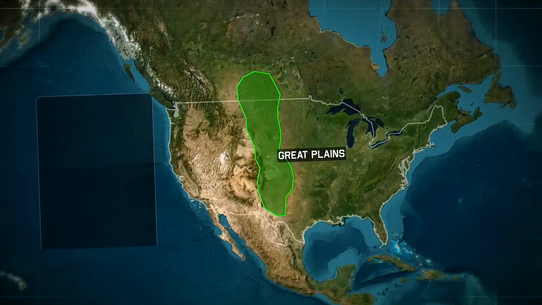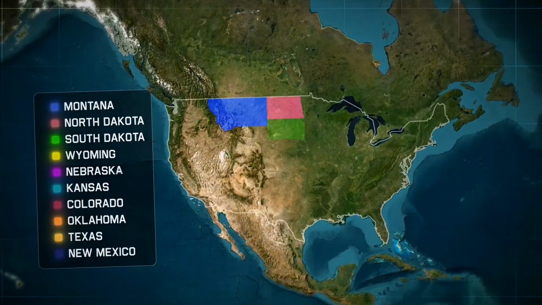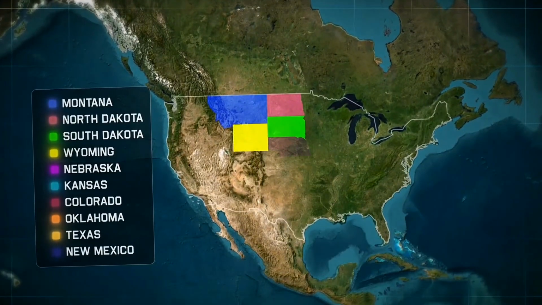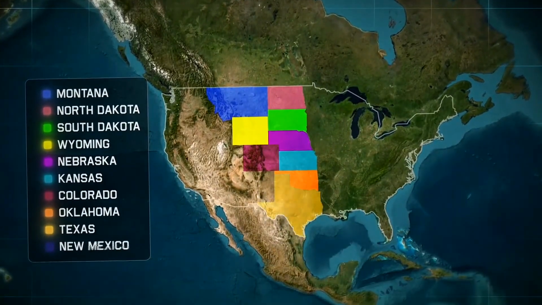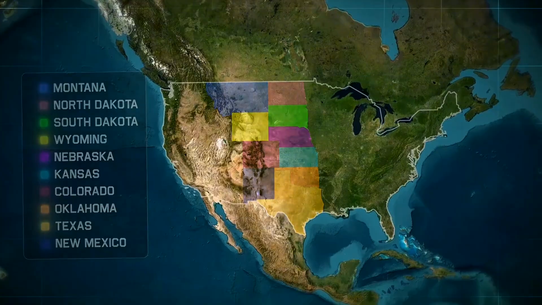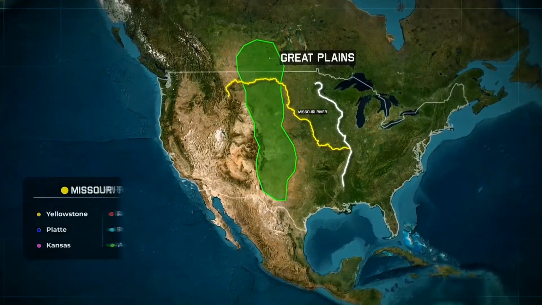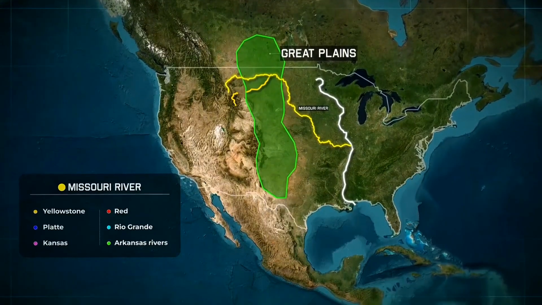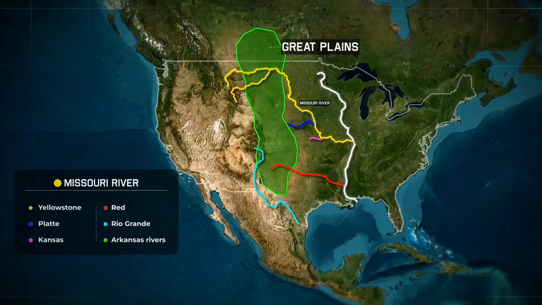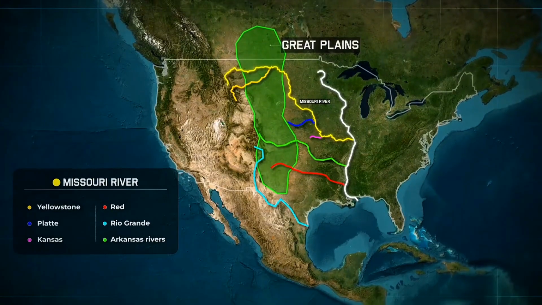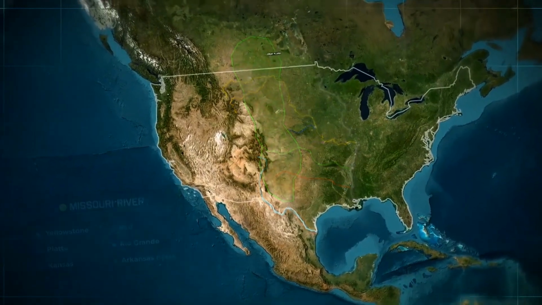Ten U.S. states lie in the Great Plains: Montana, North Dakota, South Dakota, Wyoming, Nebraska, Kansas, Colorado, Oklahoma, Texas, and New Mexico. In the United States, the Great Plains are drained by the Missouri River and its tributaries, the Yellowstone, Platte, and Kansas, as well as the Rio Grande and Arkansas rivers, which flow eastward from the Rockies.